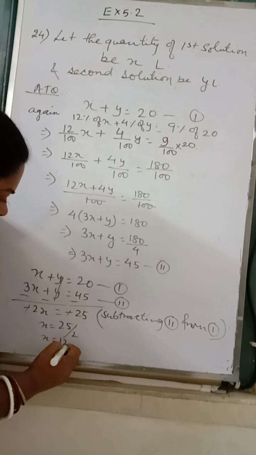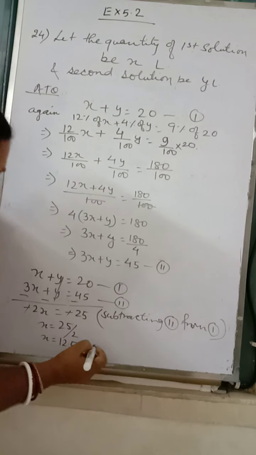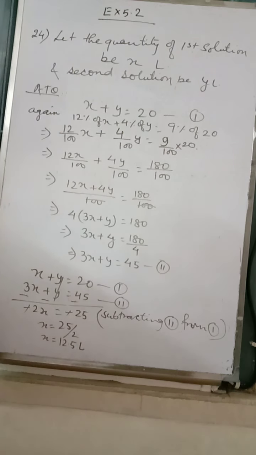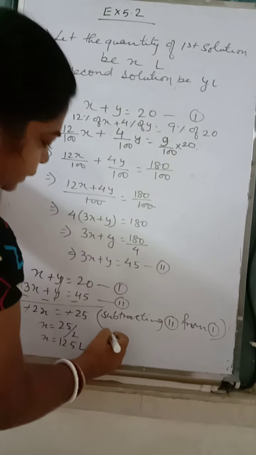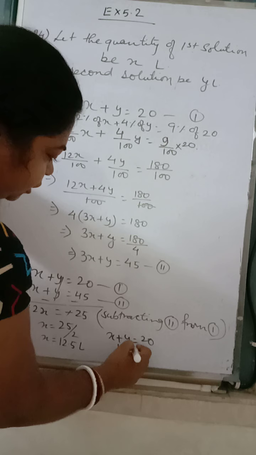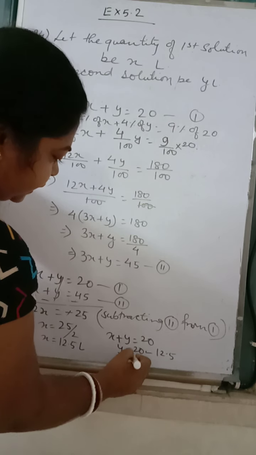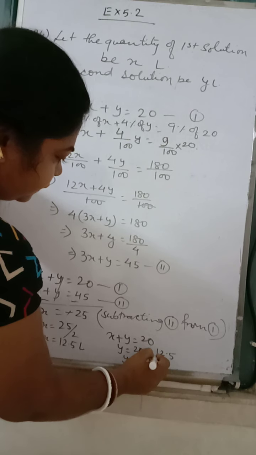X is equal to 12.5 liters, and Y is equal to, X plus Y is 20, so Y is equal to 20 minus 12.5, or Y is equal to 7.5 liters.